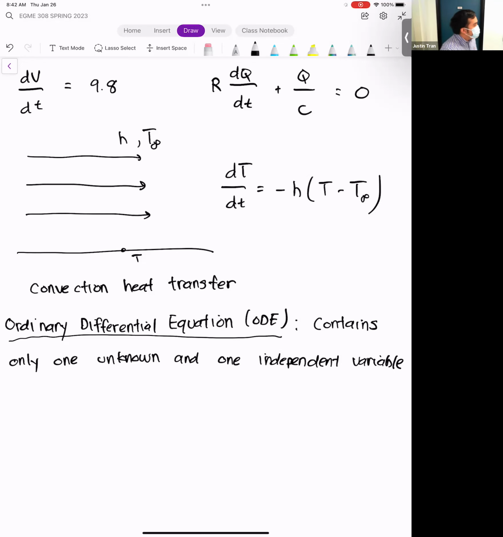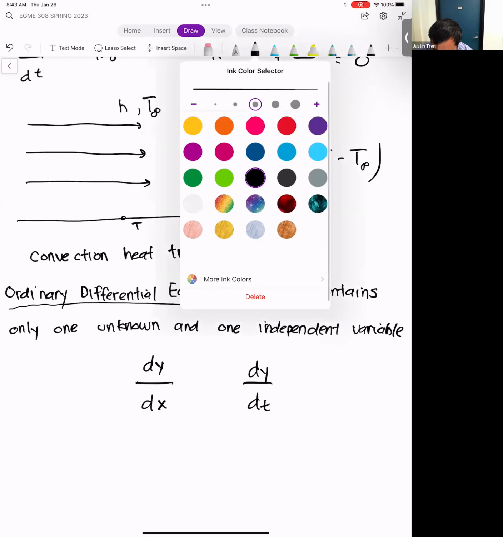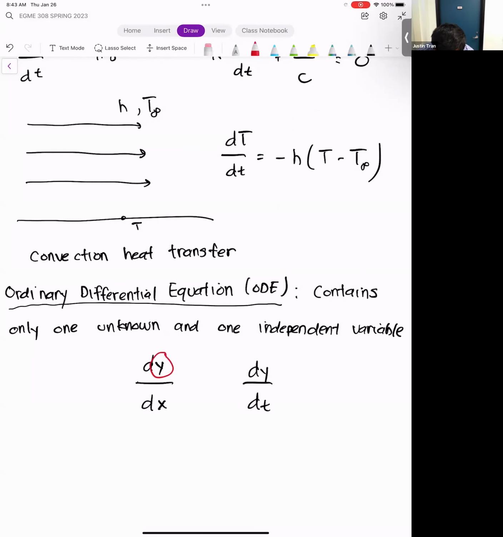You might be asking, what's the unknown? What's the independent variable? Well, oftentimes you'll see me use the derivative dy/dx. In these cases, the y is what we're solving for, so the y is our unknown.